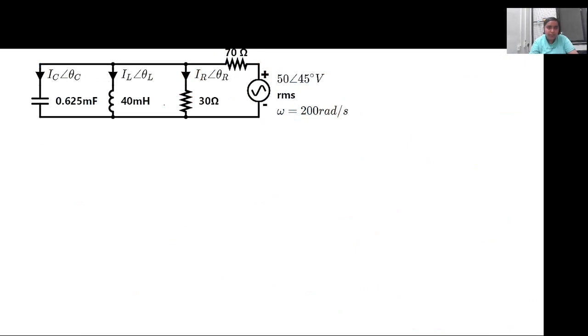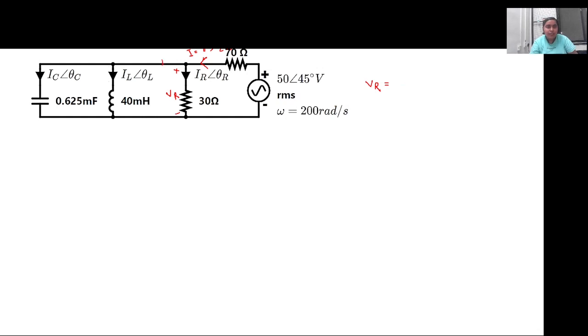So we have this current that is coming up from the source, I equal to 0.5 angle 45 degree, right? So we can calculate the voltage across this VR. VR will be the current that is flowing through.